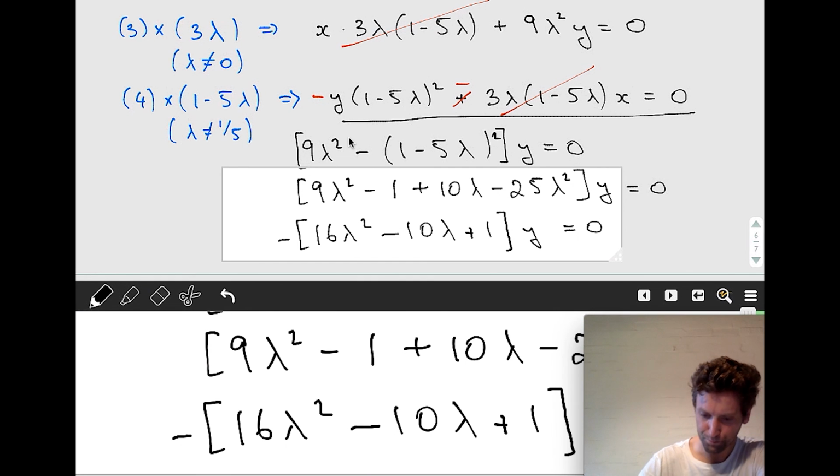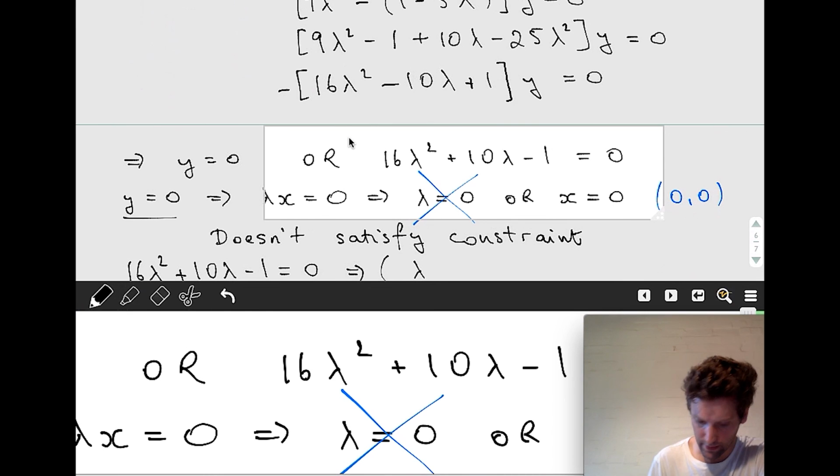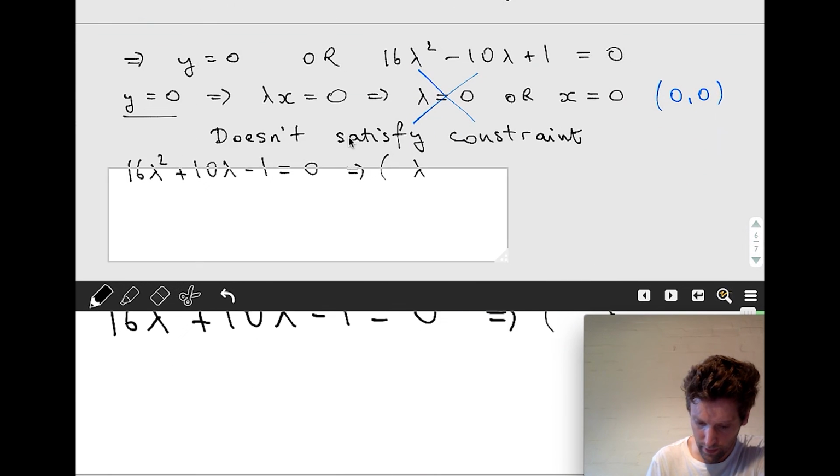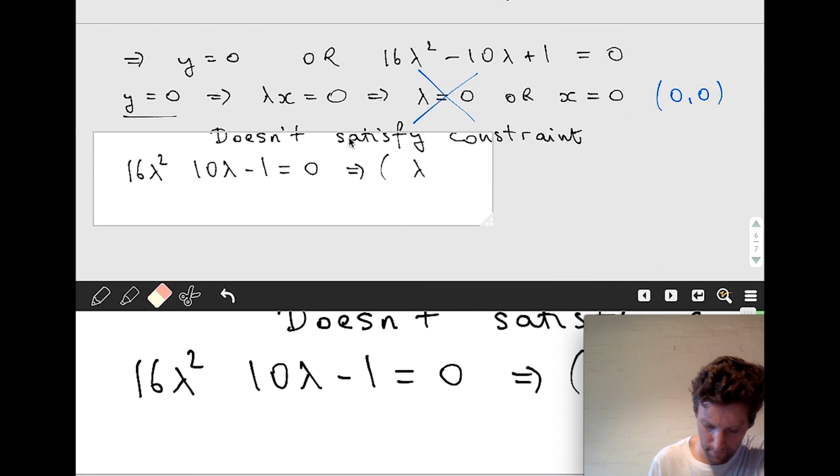Okay. So let's correct that down here. That's supposed to be a minus and a plus. All right. So let's factorize this.